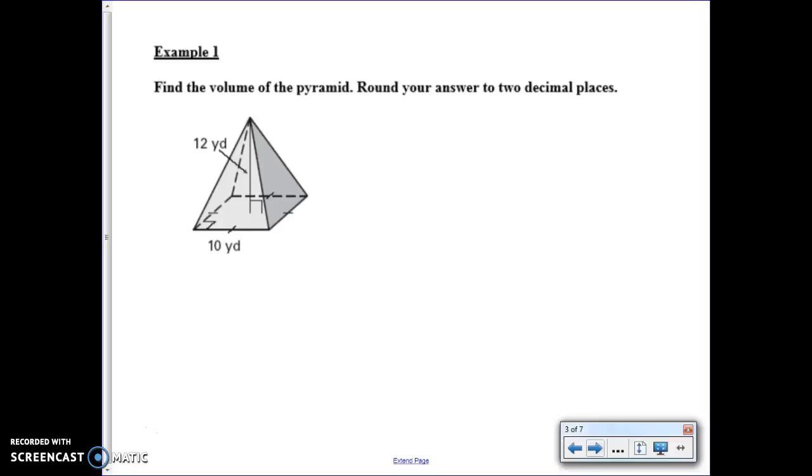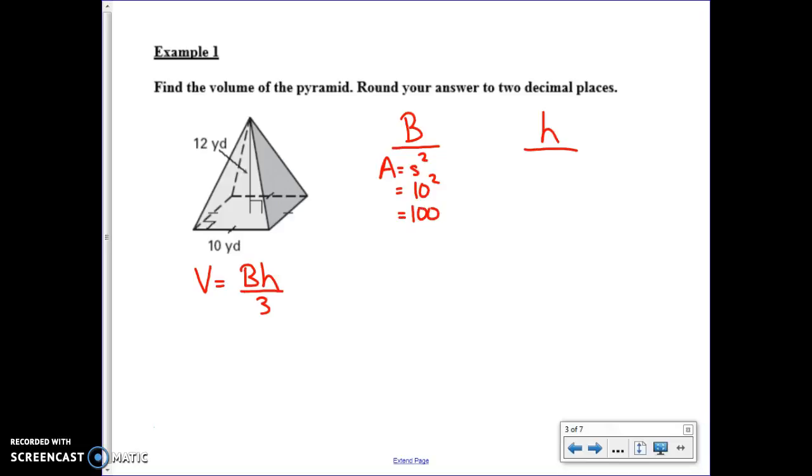So find the volume of this pyramid. We need the area of the base, and we need the height. Our formula is base times height divided by 3. So area of the base, it appears we have a square. So side squared, so we have 10 squared, or 100, and then the height is 12.